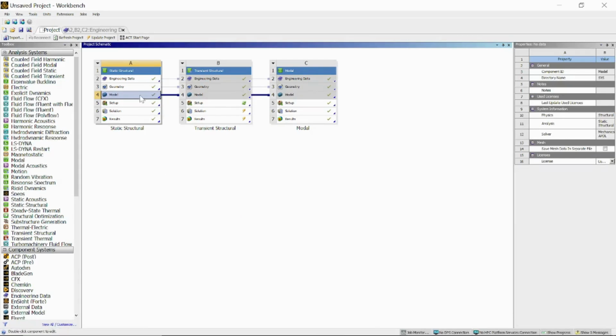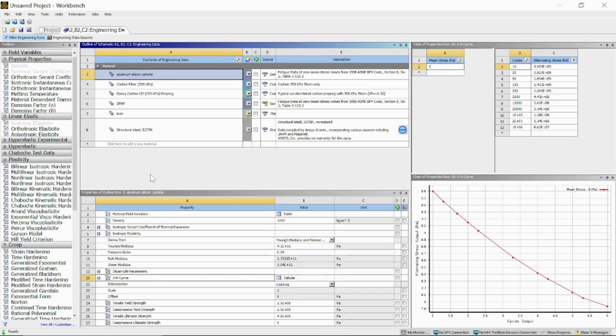So the first thing you need to do is import geometry from SolidWorks, convert it into a STEP file, then add it in the geometry. As we're doing a composite camshaft, we have to add the composite materials in our engineering data. We have already added the materials. We have added aluminum silicon carbide, carbon fiber, iron.